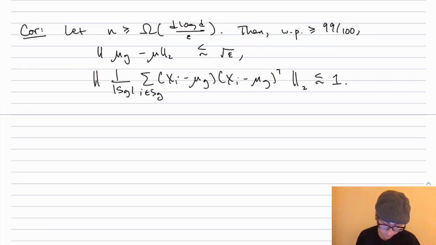So now, if I have an epsilon corrupted set of points from a distribution D, here's how I can get into the setting of the lemma that I just proved.